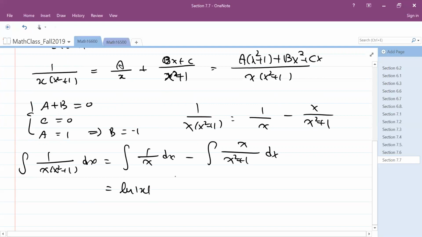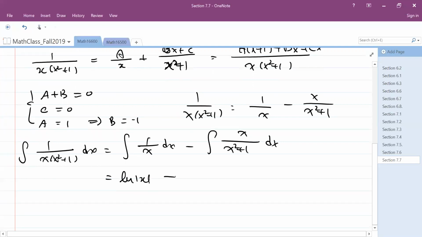The second one, if you use a substitution, will be x squared plus 1. When you differentiate, you get 2x, so you have to divide by 2. Sometimes I skip some steps to use a substitution. I know it's going to be natural log of x squared plus 1, but when you differentiate, as a numerator, I get 2x because the derivative of x squared plus 1 is 2x. So I have to divide by 2 in order to get x.